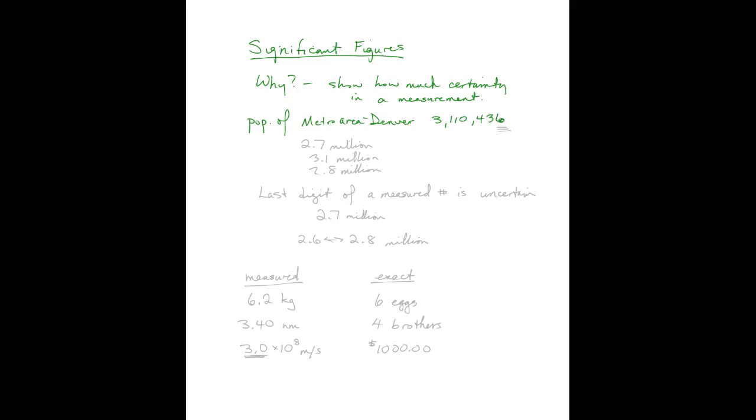Now, they say that's an estimate, but still, that seems a little ridiculous to me. You don't know down to the exact person how many people there are in Denver.